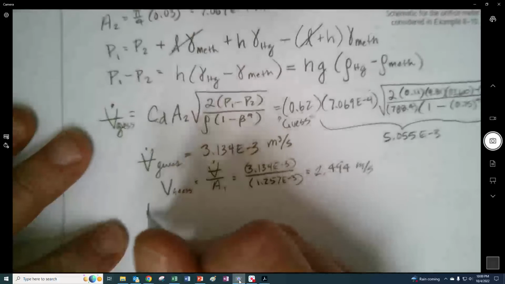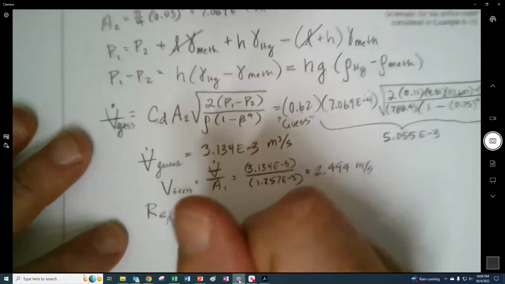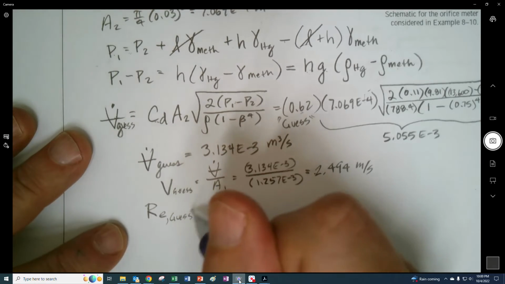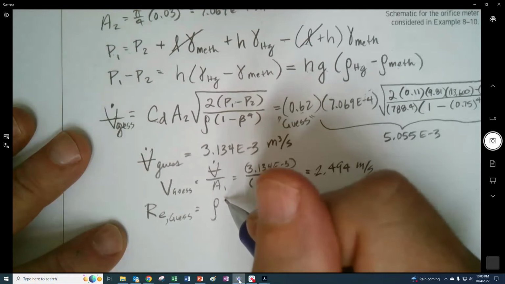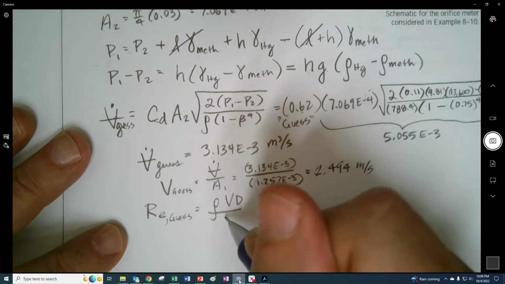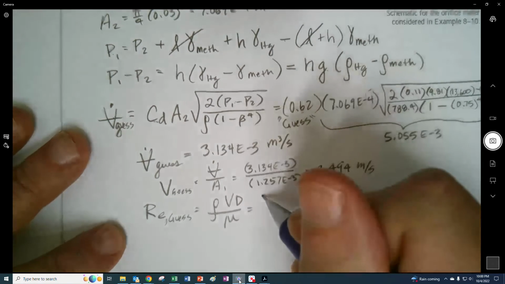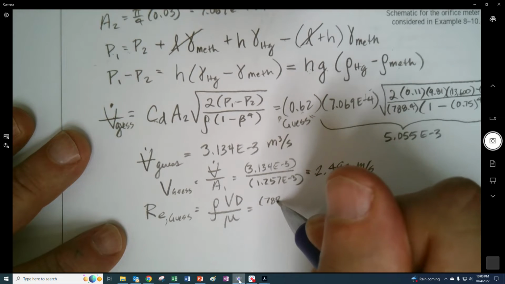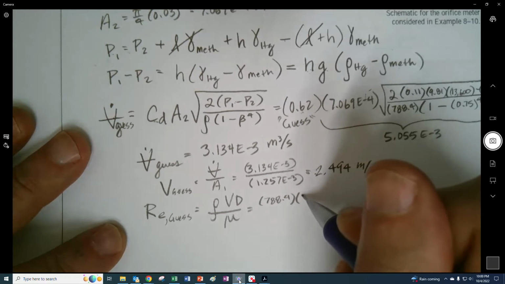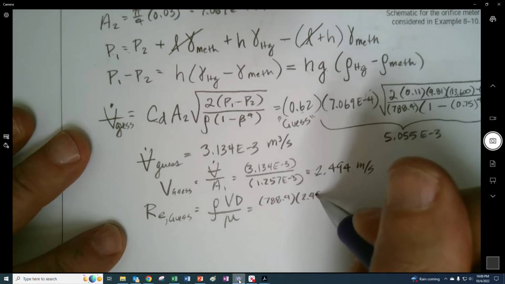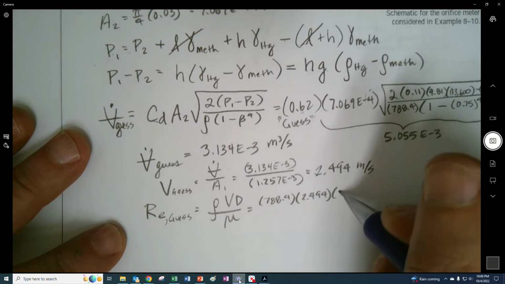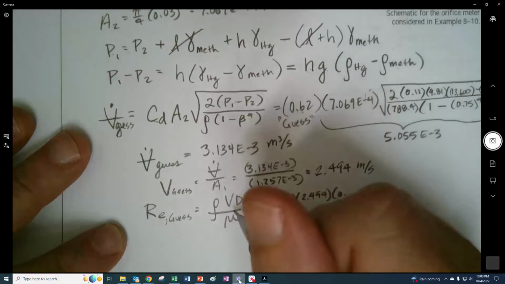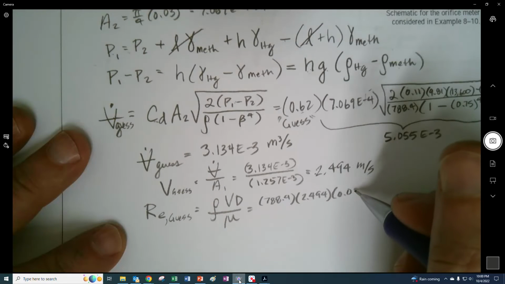And so the Reynolds number, and once again, this is from our guess, is going to be equal to rho VD over mu. So 788.4, 2.494 times, and this is the diameter of the pipe, so it's 40 centimeters, right?